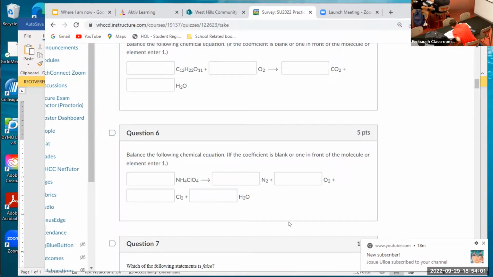The 12. That changes their oxygen. Yeah, so what's that? That balances there.